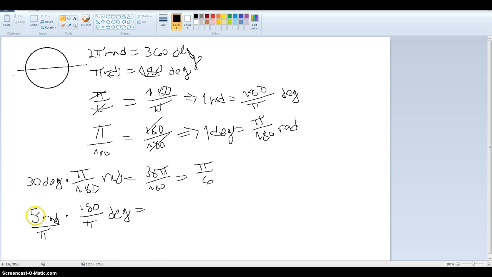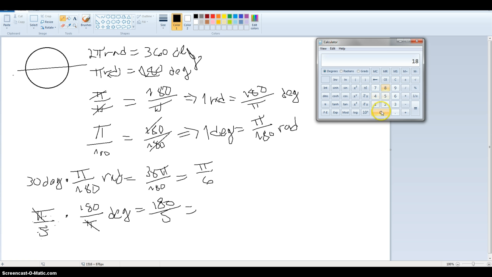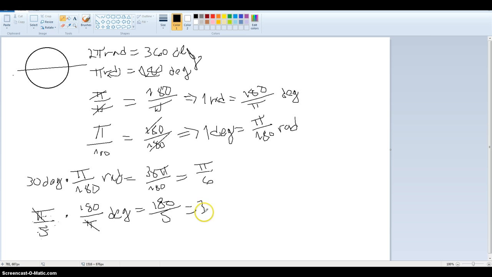I'm not sure about this, maybe it's not so totally clear for me either, but anyways, like this, pi over 5, and we want to put this to degrees, so we can cancel these pi's off, and what is left is 180 over 5, which would be 36 degrees.